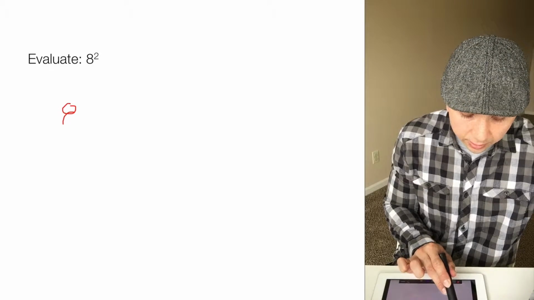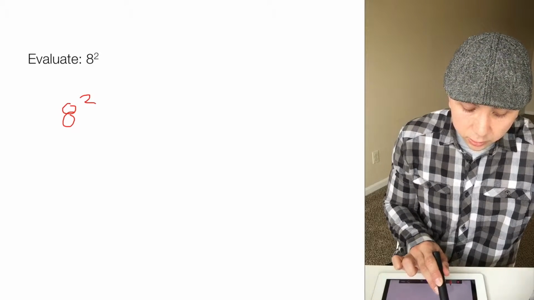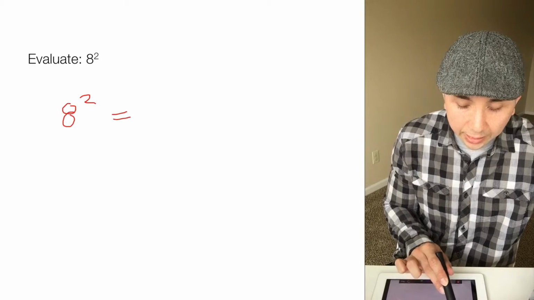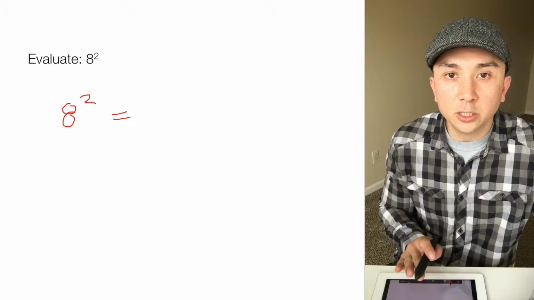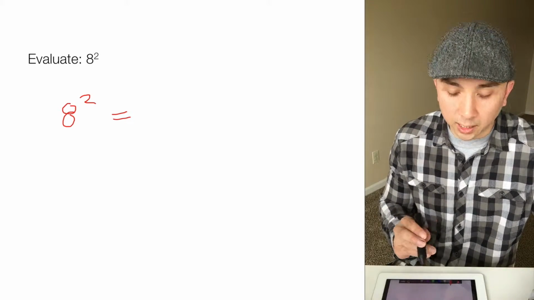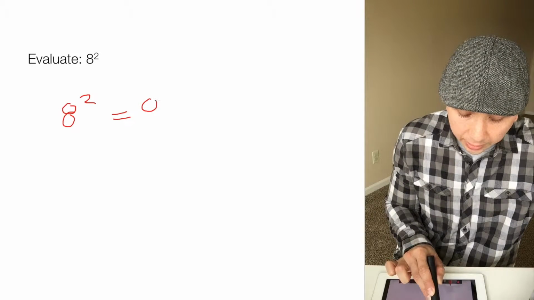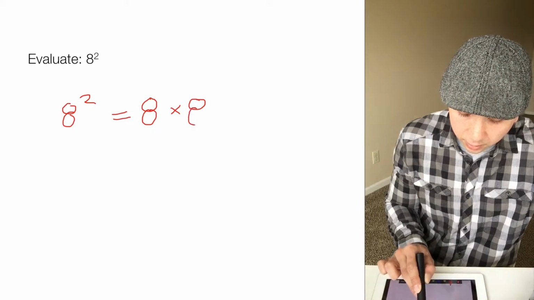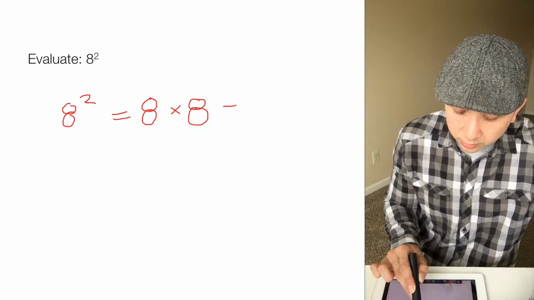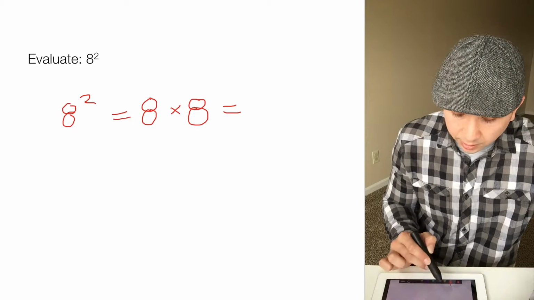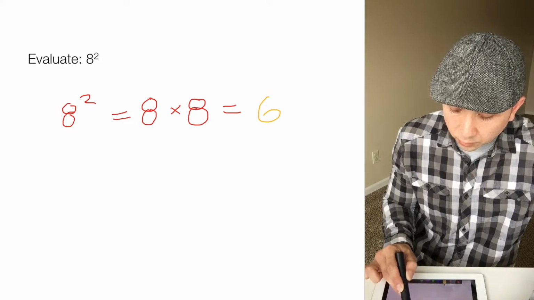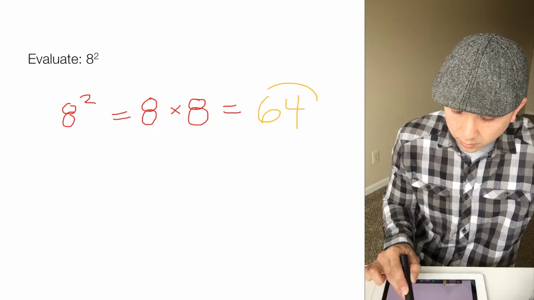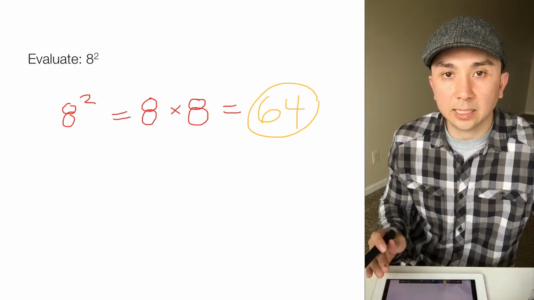All this says is that 8 is to be multiplied 2 times. So we're going to multiply 8 times 8. We know 8 times 8 is 64. So 8 squared is 64.